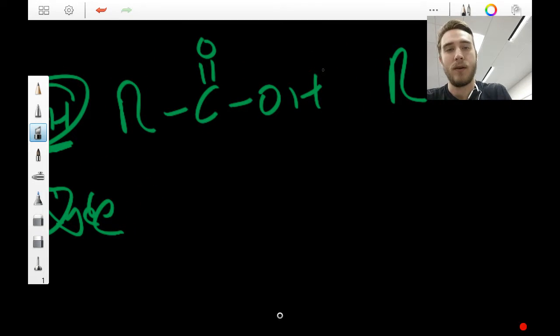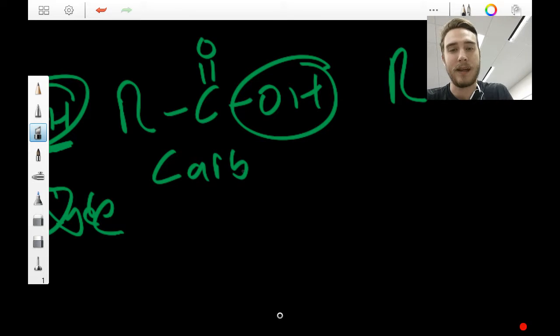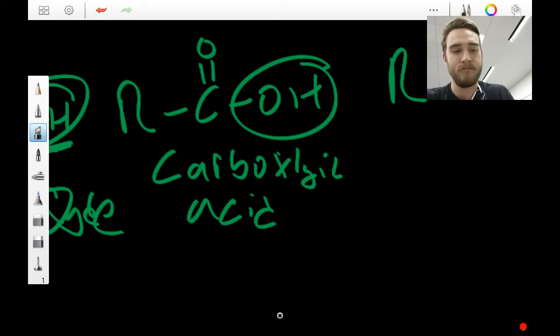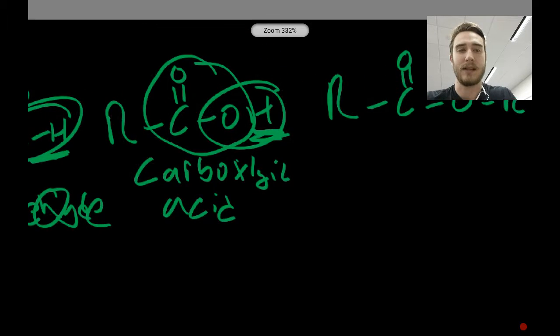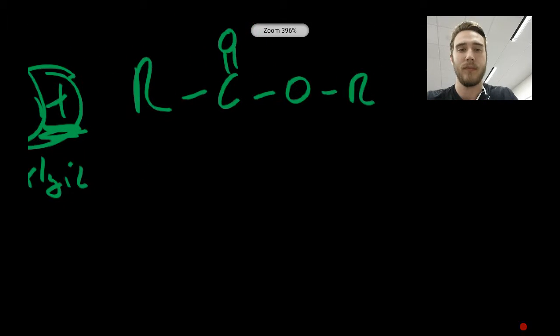When we add an OH group, we call this a carboxylic acid. Okay? And you'll begin to remember why it's called that, because this hydrogen right here is very acidic. It can pop off the molecule pretty easily because it has resonance stabilization between the oxygens to stabilize the negative charge that's in there.